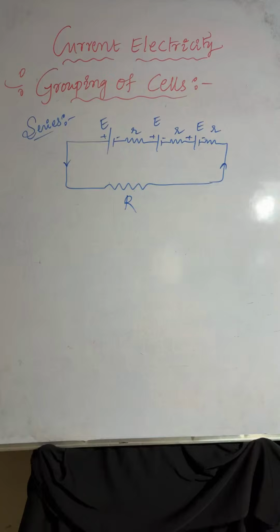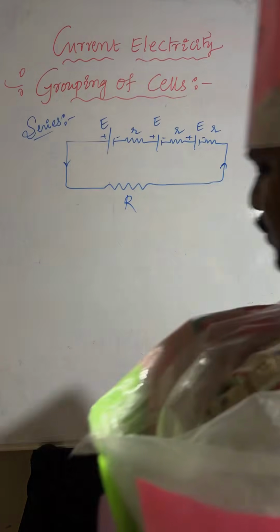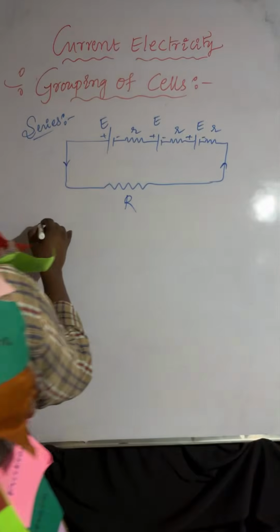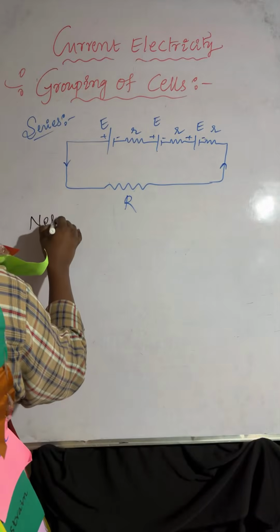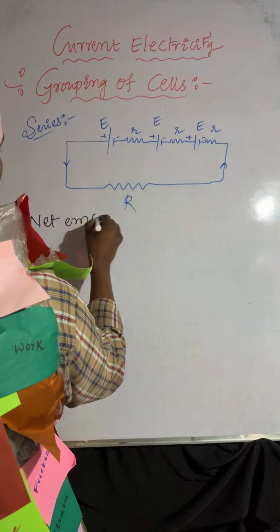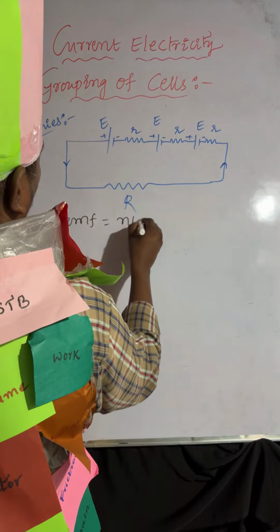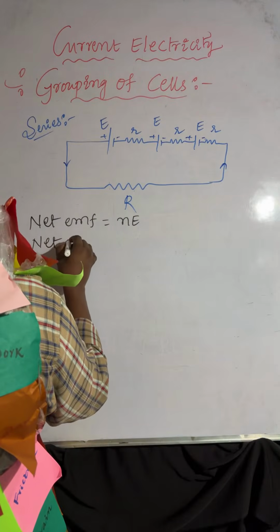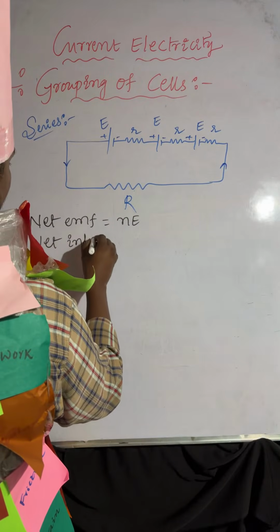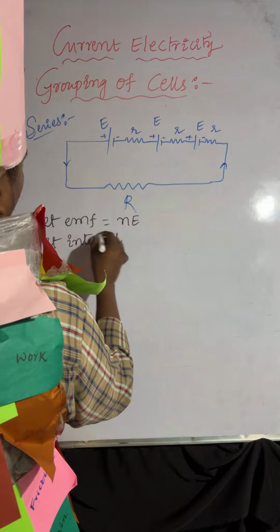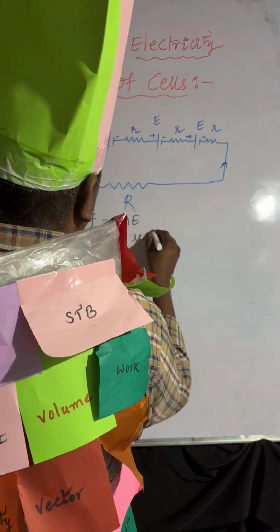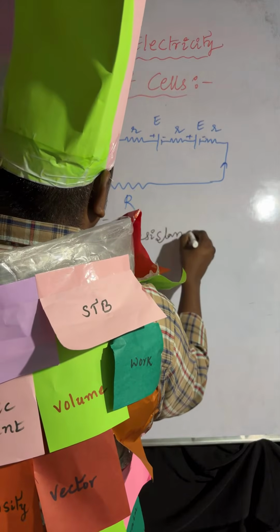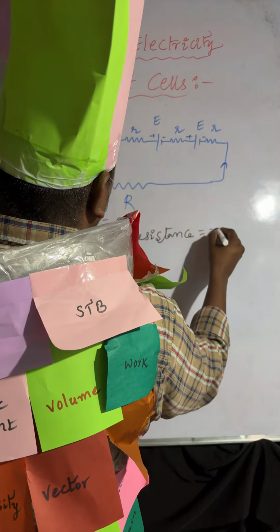Now net EMF equals NE, and net internal resistance is nothing but NR.